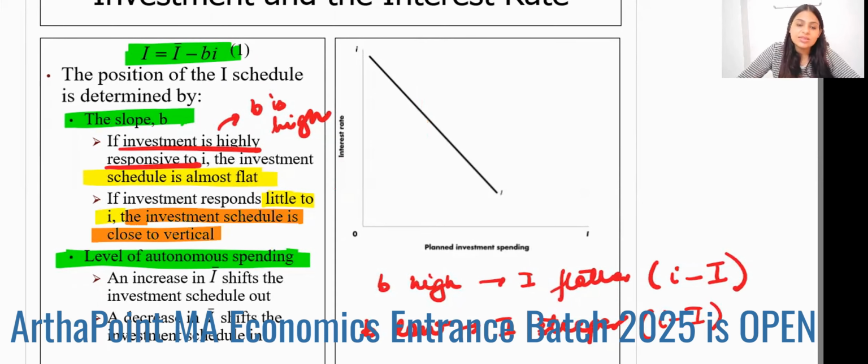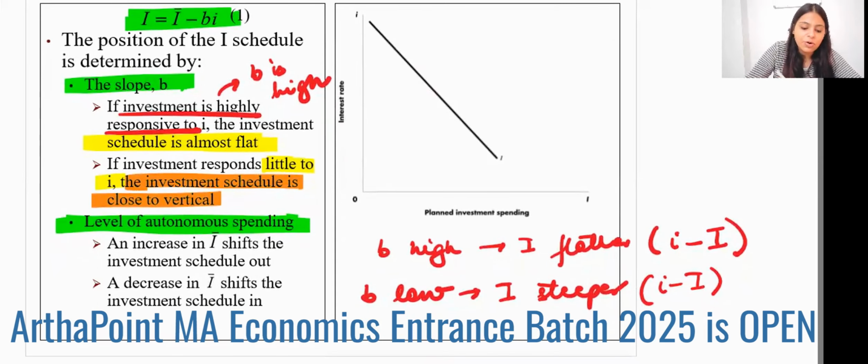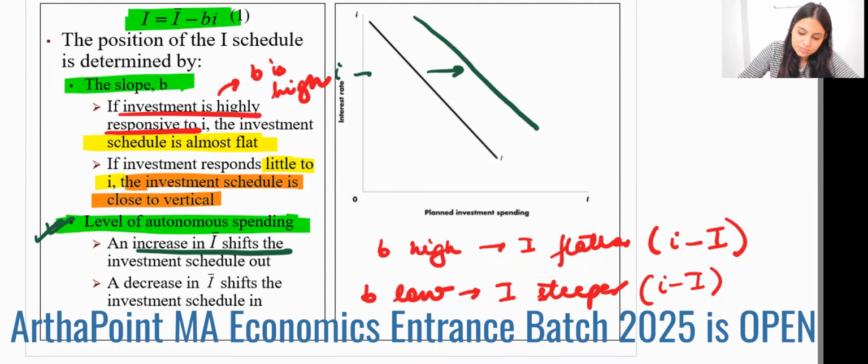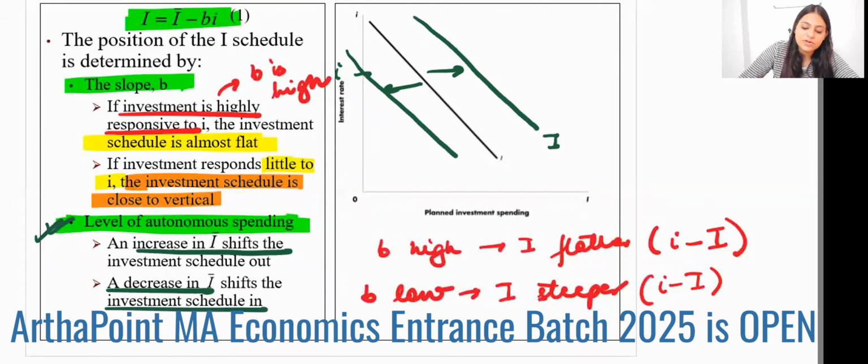The second thing that your investment will depend upon will be the autonomous spending. When investment in itself increases, so at any interest rate, when you want to invest more, then the investment schedule will shift to the right. Similarly, if you decrease your investment, then the investment schedule will shift to the left.